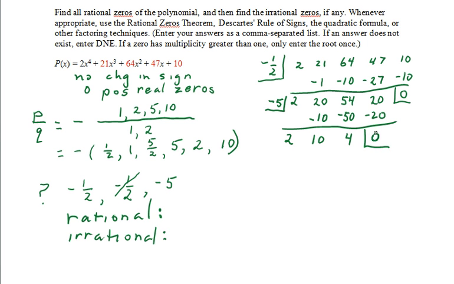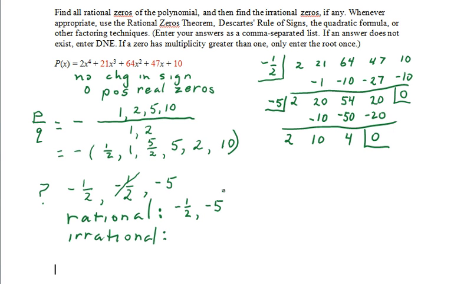And we do get remainder 0. And so in our rational list, we have -0.5 and -5 as rational zeros with multiplicity 1.